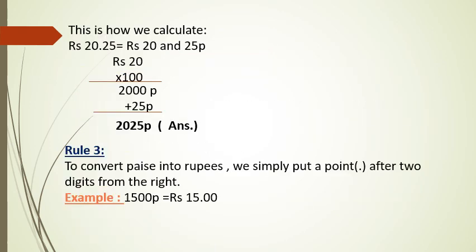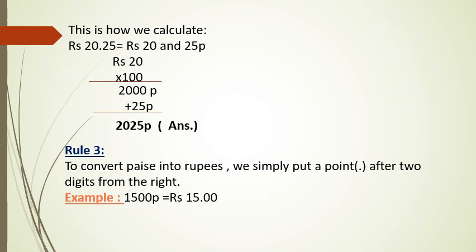Rupees 20.25 means rupees 20 and 25 paise. Now as we know that 1 rupee equal to 100 paise, so we are going to multiply by 100.